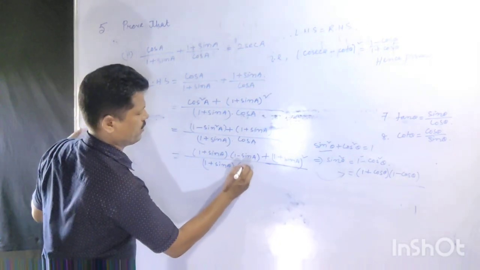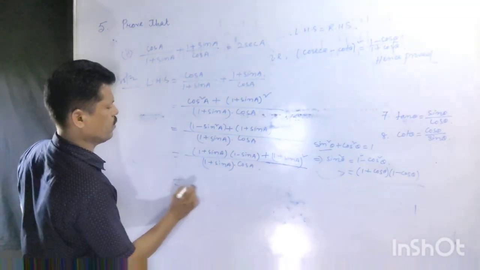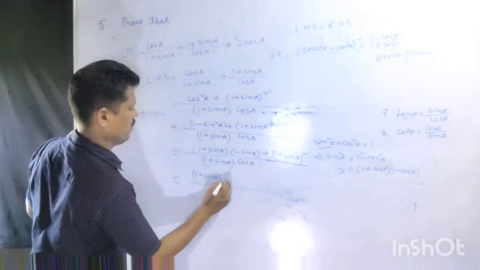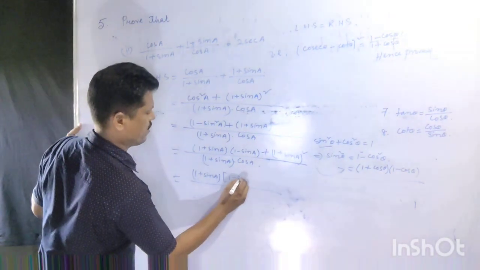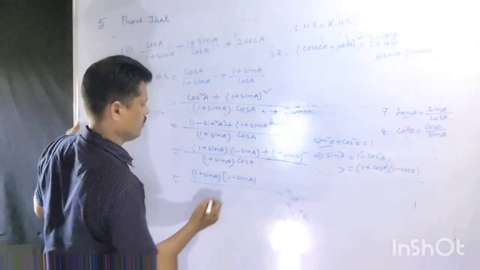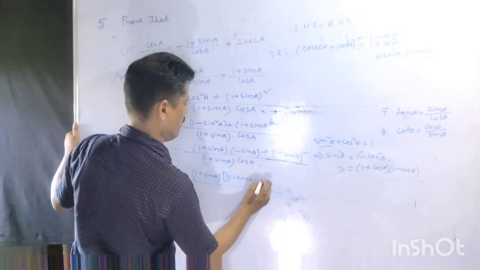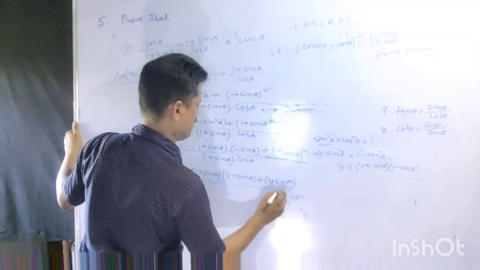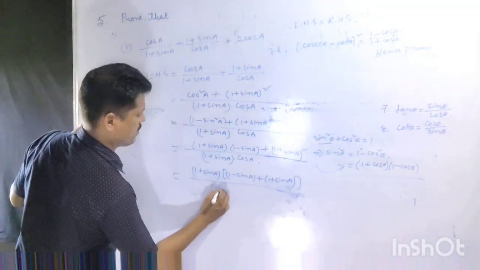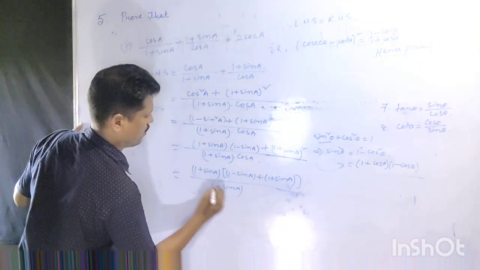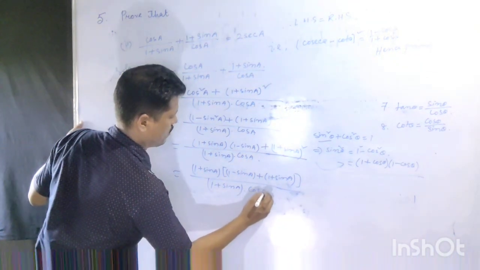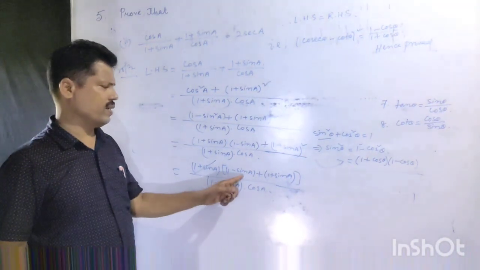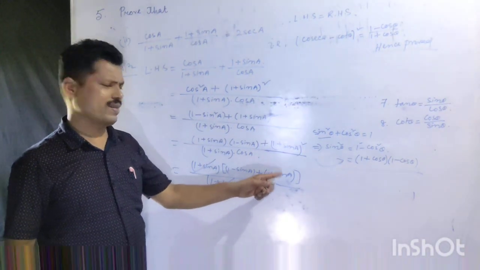If we take common 1 plus sin A, then here will be (1 minus sin A) plus (1 plus sin A), into cos A. So this part will be cancelled. Then here will be 1 minus sin A plus 1 plus sin A.